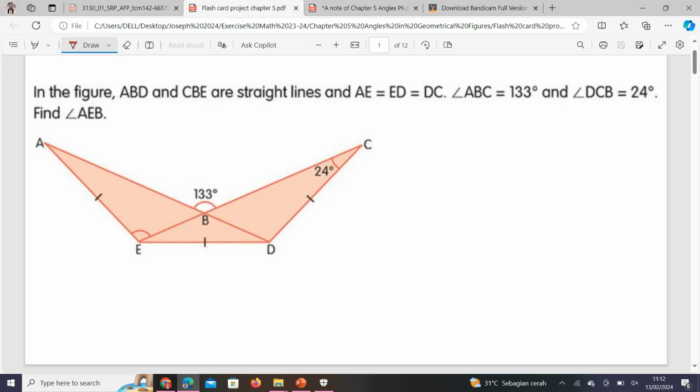In the figure, ABD and CBE are straight lines. ABD, you may see from this, ABD and CBE are straight lines. And the side AE equals the side ED equals the side CD.